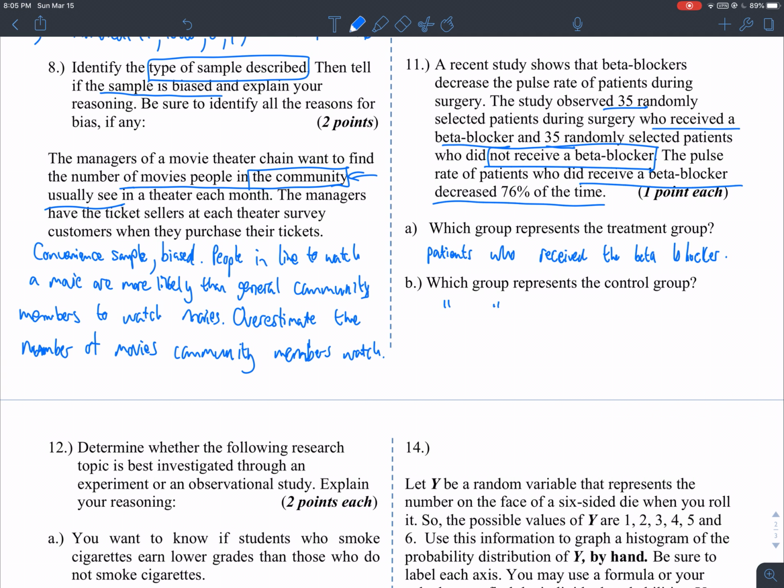So patients who did not receive the beta blocker. Please don't do this. Ditto stuff. I'm doing that because I'm lazy, because we're trying to get through a video quickly. Okay, don't do that. Write full sentences, please.